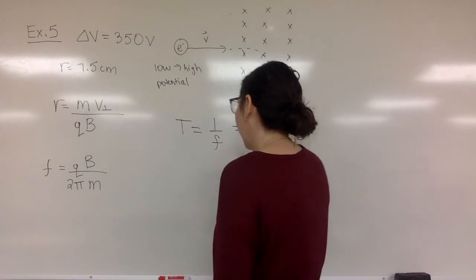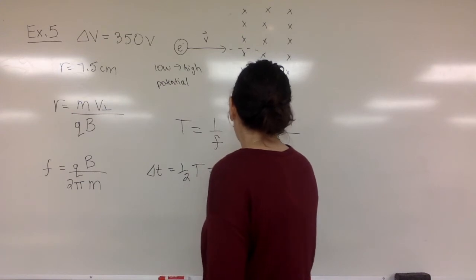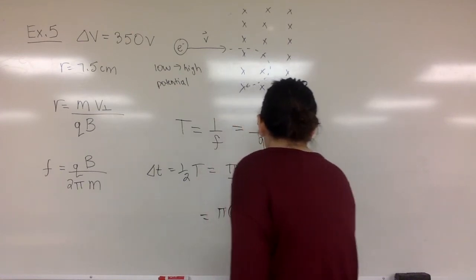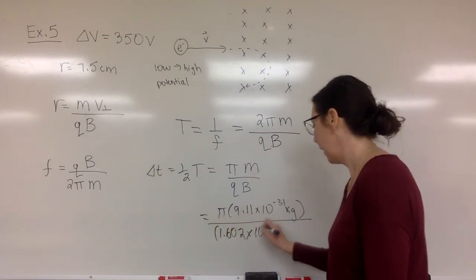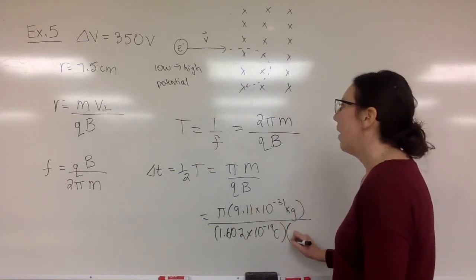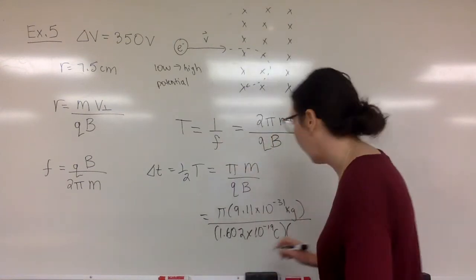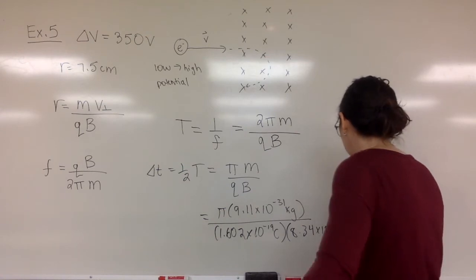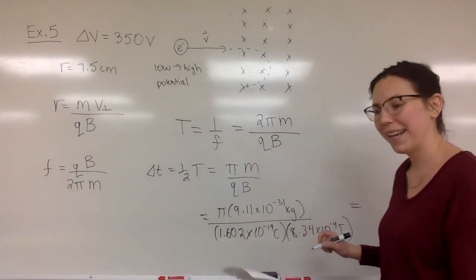And so then the time is 1/2 of that period, so just pi m over qB, which is pi times 9.11 times 10 to the negative 31, over 1.602 times 10 to the negative 19 coulombs, and then B, which I just erased, 8.34 times 10 to the negative 4 Tesla. So it's in the field for 2.14 times 10 to the negative 8 seconds.